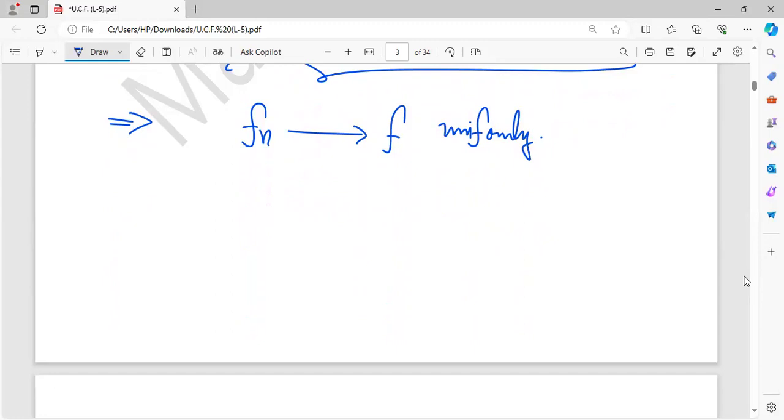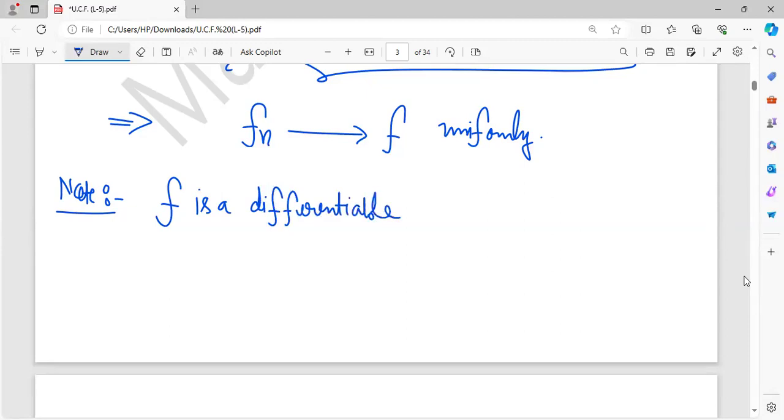Now we have to note one thing. Suppose f is a differentiable function on R, f is non-negative and it is not a zero function.